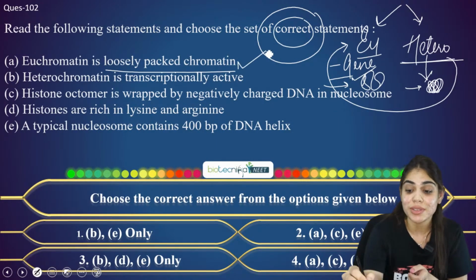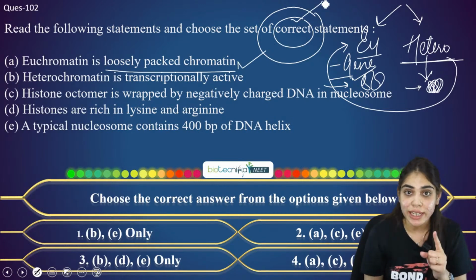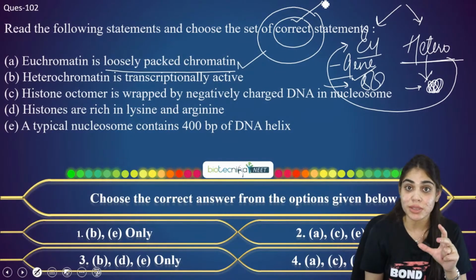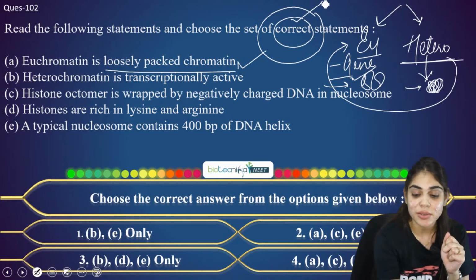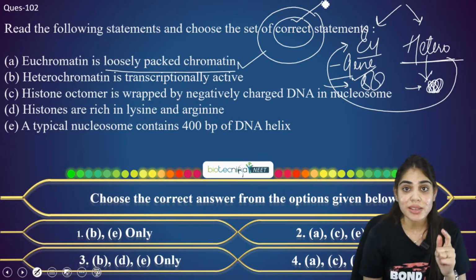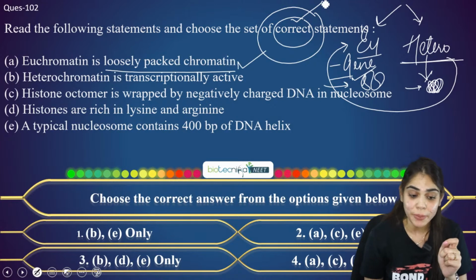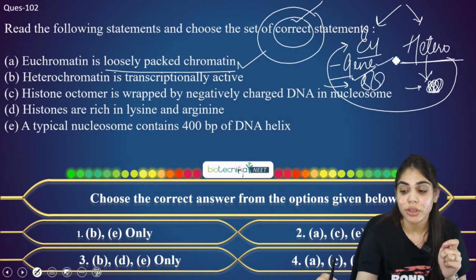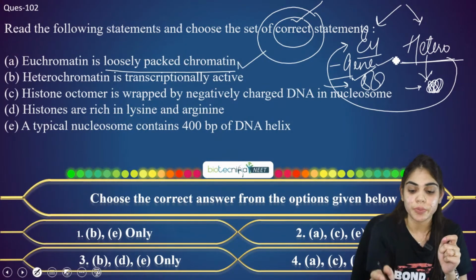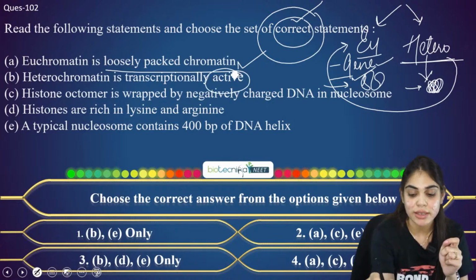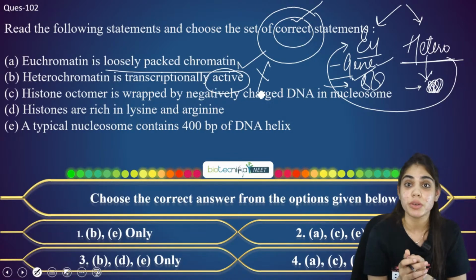And here you have to select the correct statement. So option A is the right answer because it is loosely packed. Heterochromatin is transcriptionally active. So this statement is the wrong statement. Why? Because euchromatin is active because it is a gene rich region. But this heterochromatin, it is inactive. So this option goes wrong here.